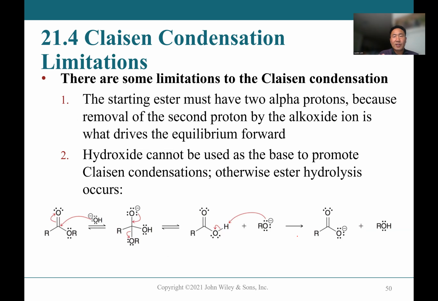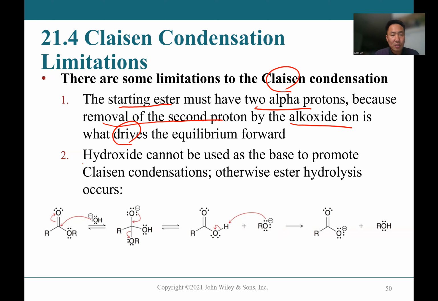There are some limitations to Claisen condensation. Number one, the starting ester must have two alpha protons because removal of the second proton by alkoxide ion is what drives the equilibrium forward.